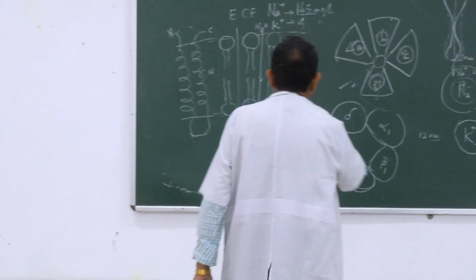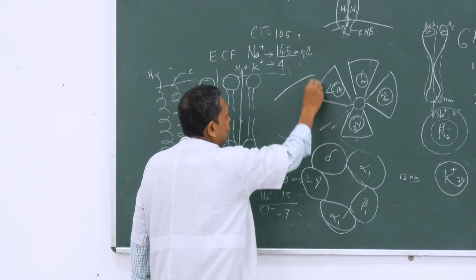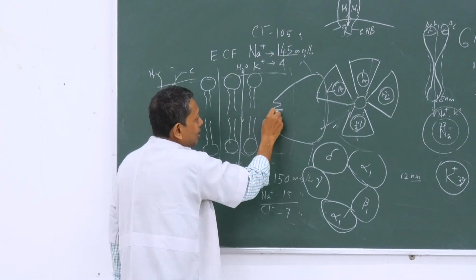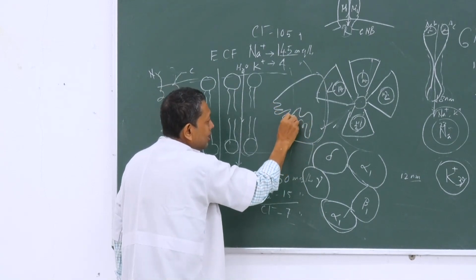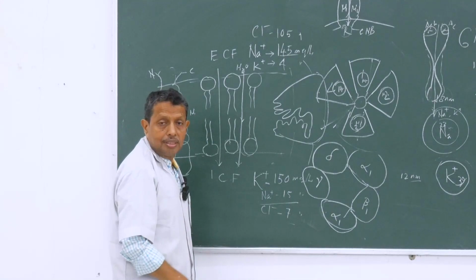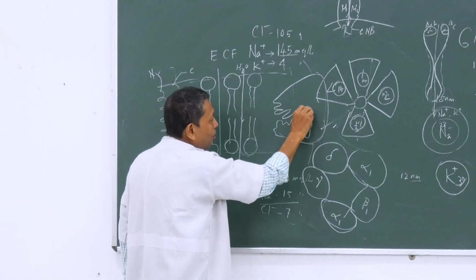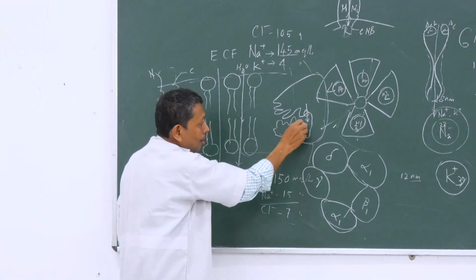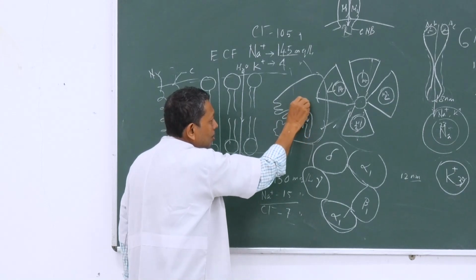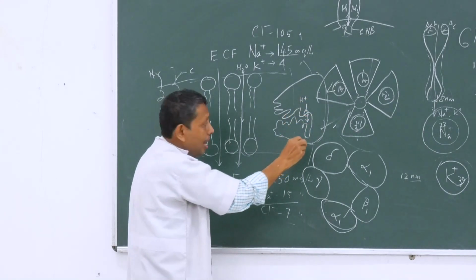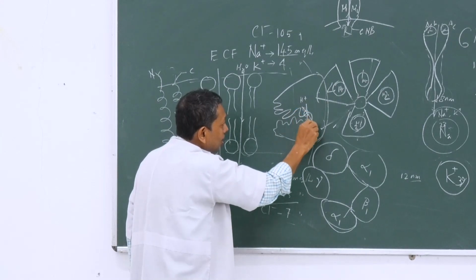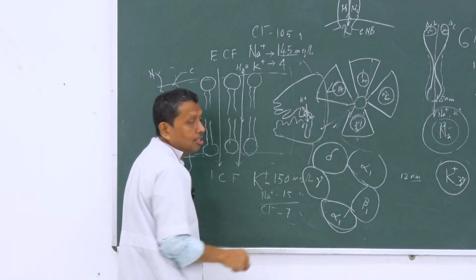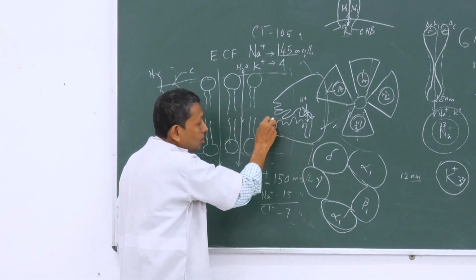Suppose this is the parietal cell; whenever it is secreting, the canaliculi unite with this, and hydrogen ion is coming from the cytosol into the lumen, and potassium ion is coming in this way, so HCl concentration increases.